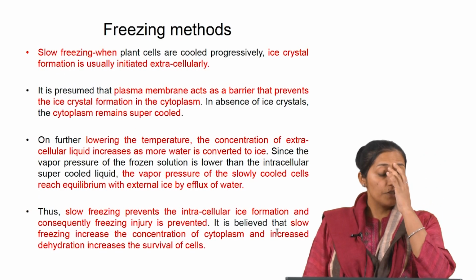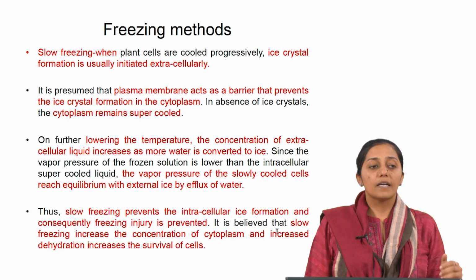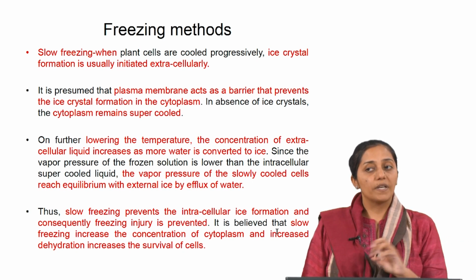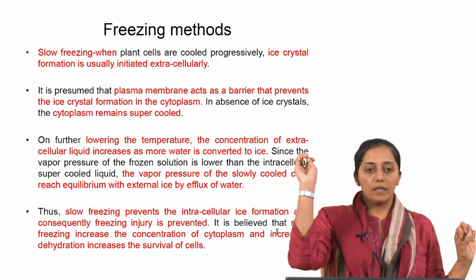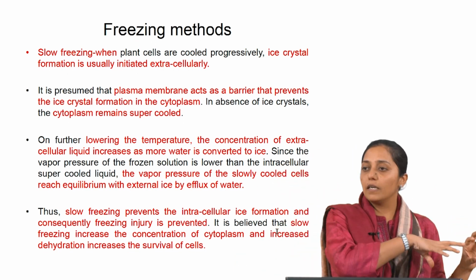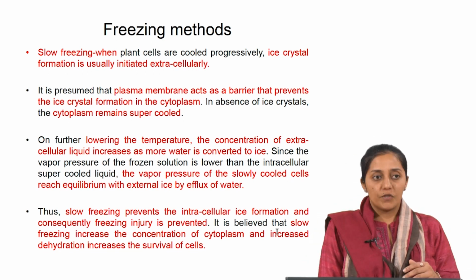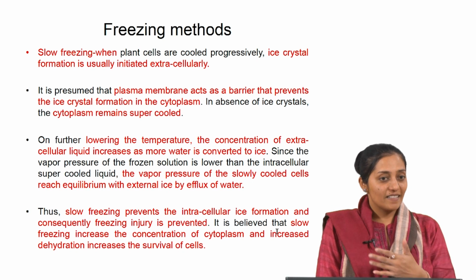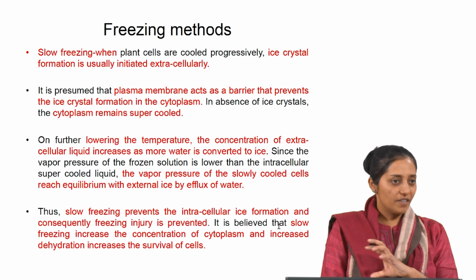So, what is the general protocol for freezing? When you are freezing, it is recommended to do slow freezing, not sudden. It is not recommended to dip the biological material in your cryoprotectant and suddenly put it in minus 176. So, what is the difference when you are doing slow freezing versus very fast freezing?